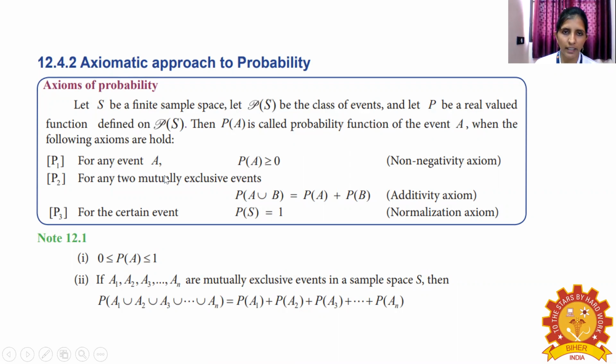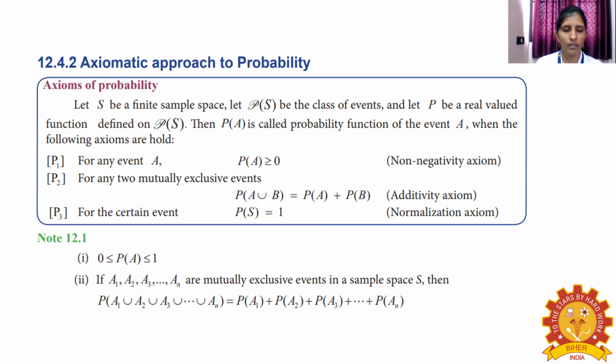For any event A, P of A must be greater than or equal to 0. For any two mutually exclusive events, P of A union B must be equal to P of A plus P of B. We call this the additivity axiom. And for a certain event, P of S is equal to 1. We call this the normalization axiom.